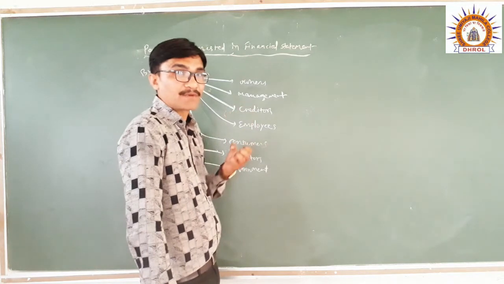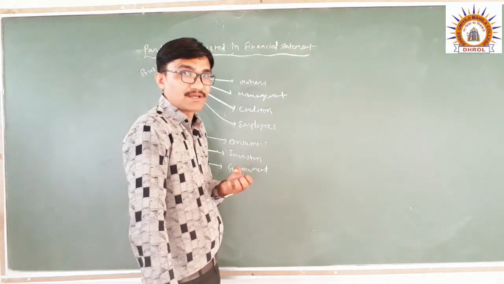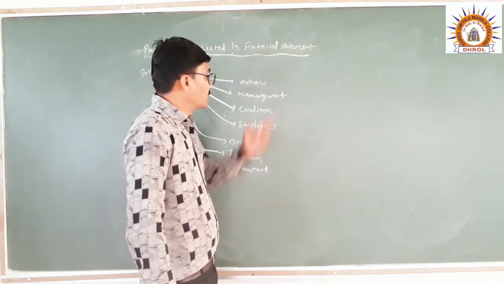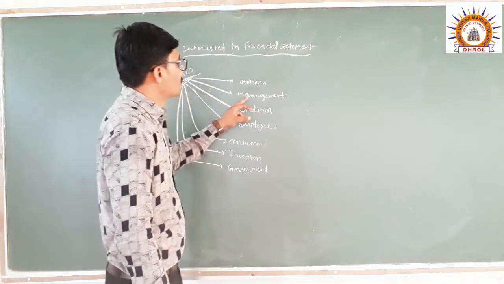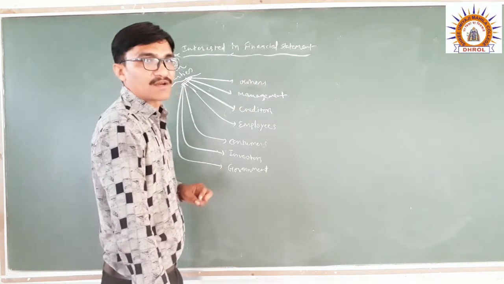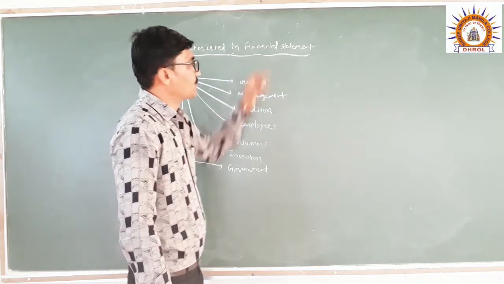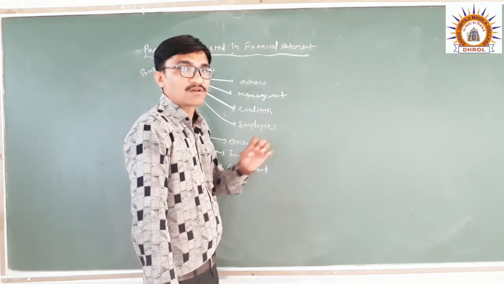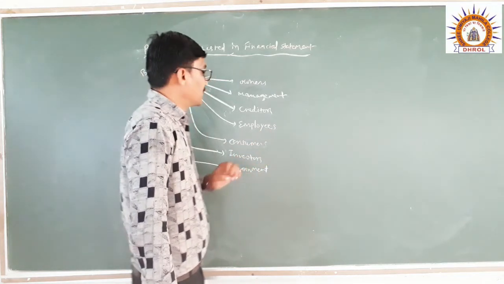So how can we manage the company with regard to the financial statement? For that purpose, the management should know the financial statement, or you can say the financial position, and how the company is economically going, well or bad.